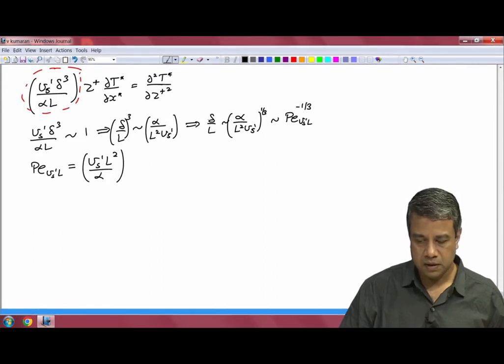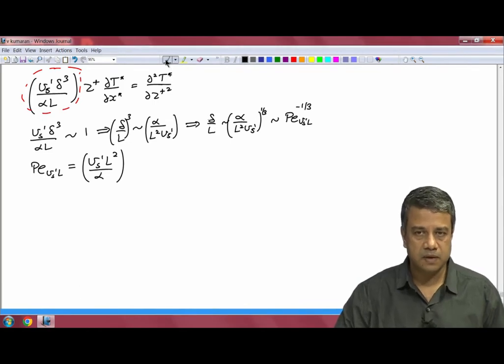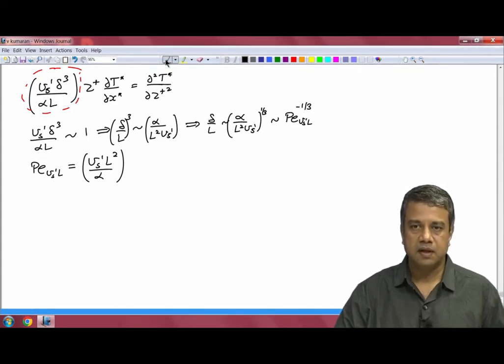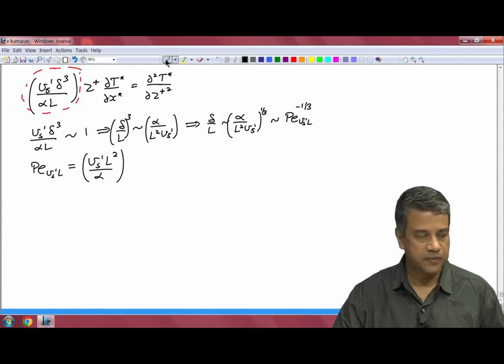Now, I told you that in the limit of high Peclet number you can neglect streamwise diffusion in comparison to cross stream diffusion, because in the cross stream direction the length scale is small, it is much smaller than the length scale in the streamwise direction. The gradient in the cross stream direction is much larger, and therefore, you can neglect streamwise diffusion in comparison to cross stream diffusion.